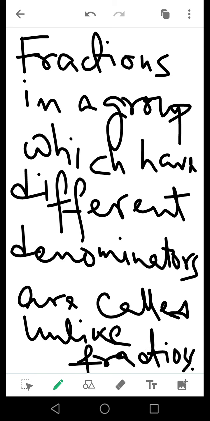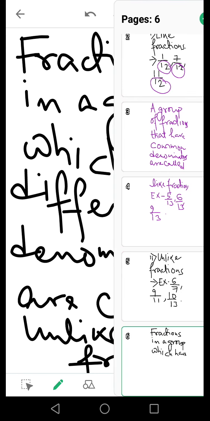So in a group, if I get a few fractions which have different denominators, they are called unlike fractions.